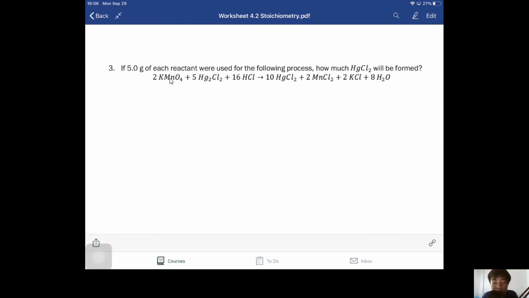You have 5 grams of this, 5 grams of this, and 5 grams of this. You have to convert all of them to HgCl2, then find out which is the limiting reagent. Once you know the limiting reagent, that will tell you how much product is actually formed.